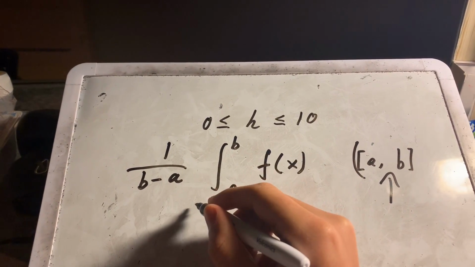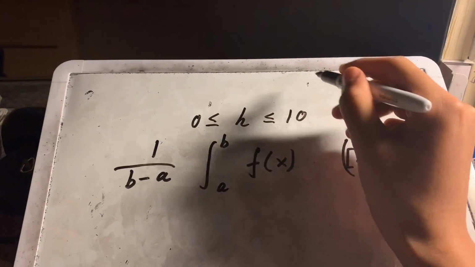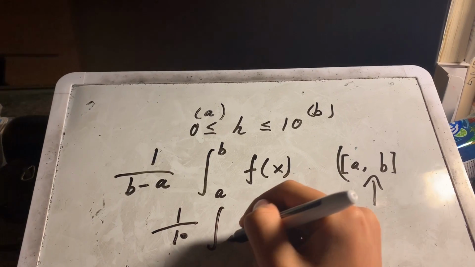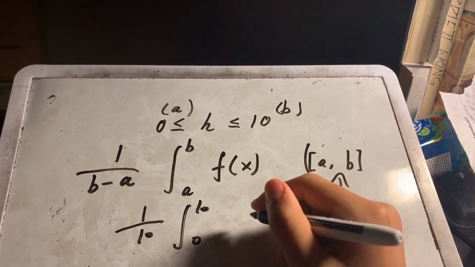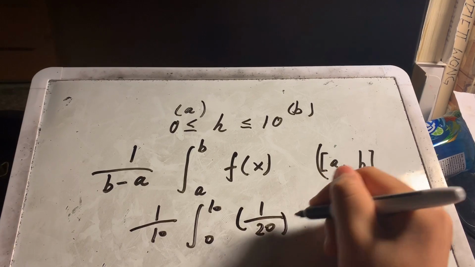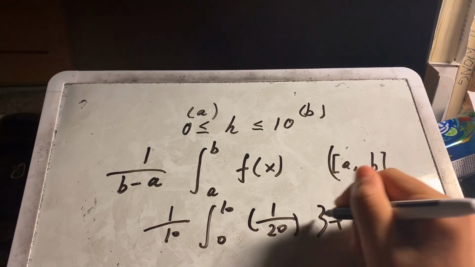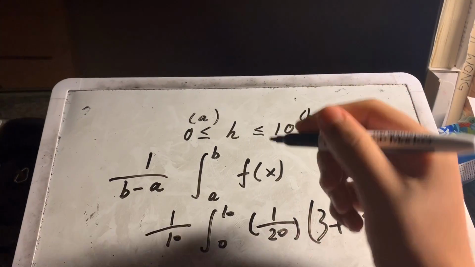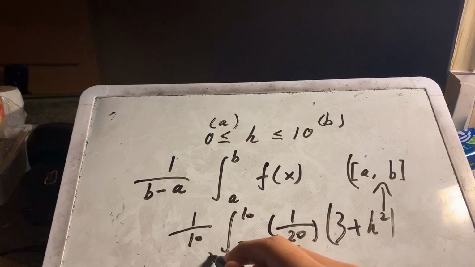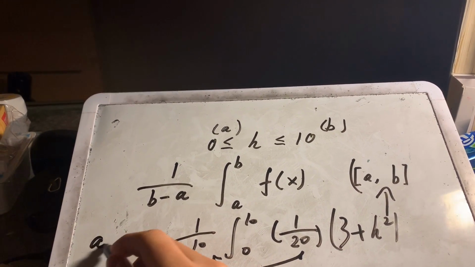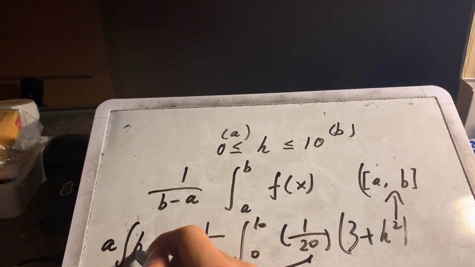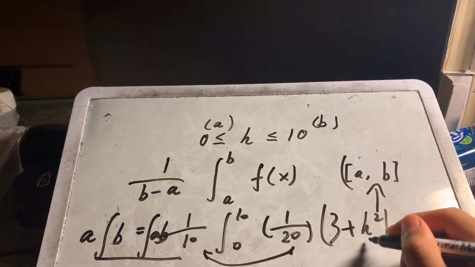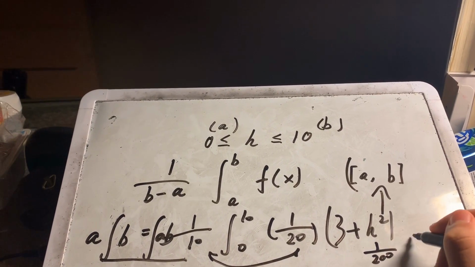So in this case, the function will be, we substitute these two values in. 1, 10, 0, 10. The function is 3 plus h squared. So in this case, we put this into here based on this. After that, we get the function formula of this.